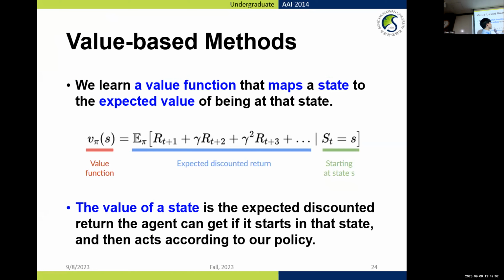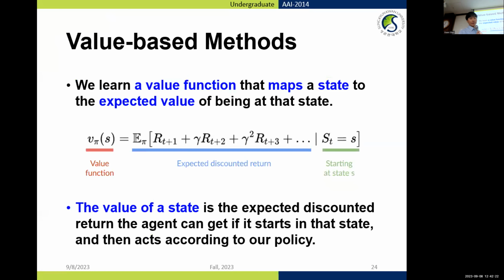So we have this discount rate. Then we try to find the expectation of this value. In this case, we can calculate a value for a particular state.